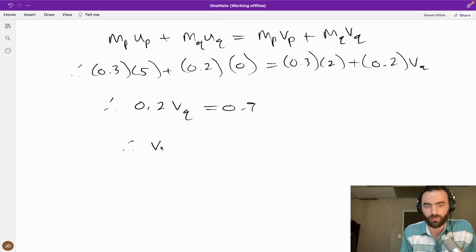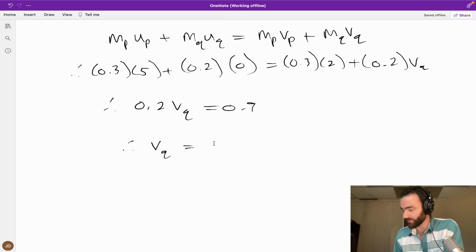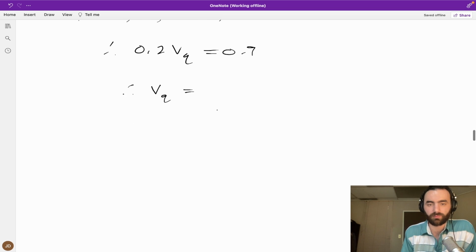So therefore v_Q is 4.5 meters per second.